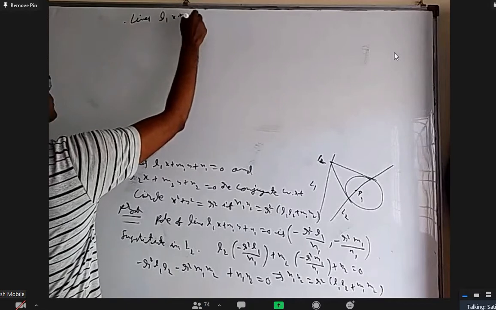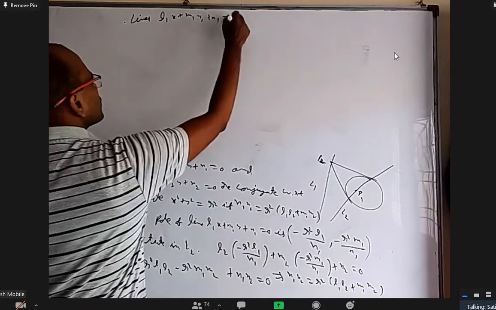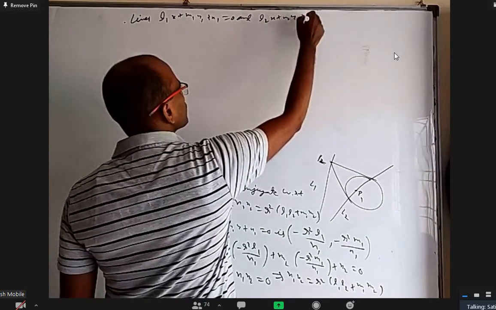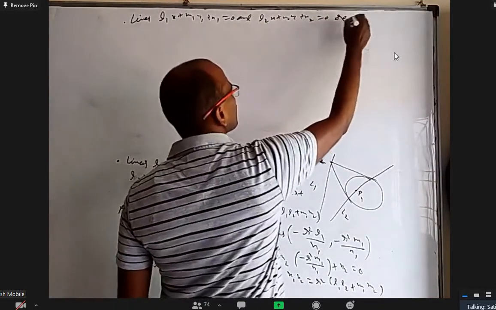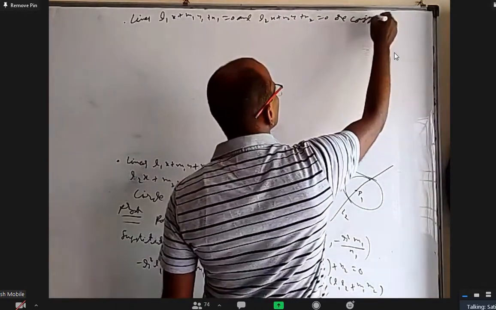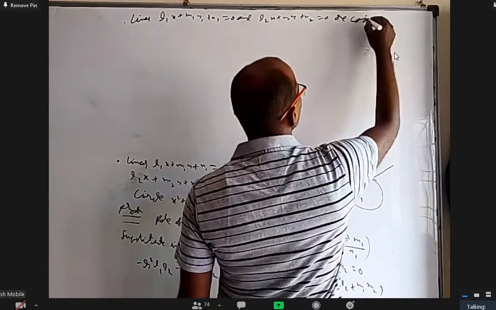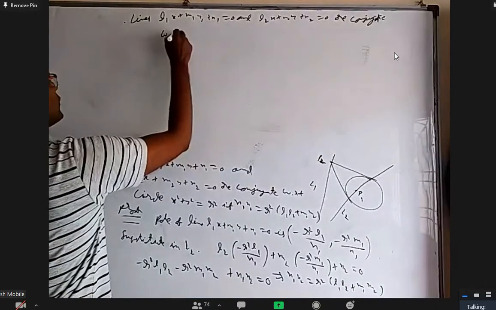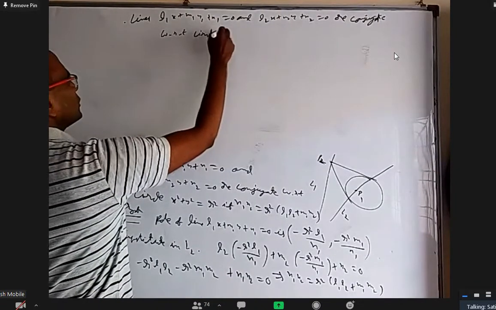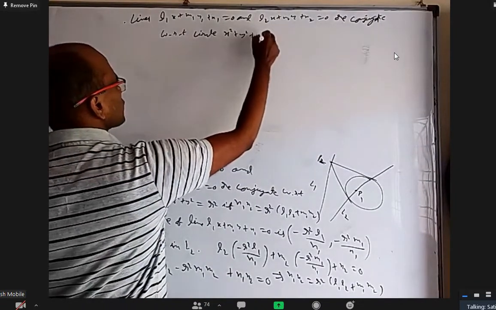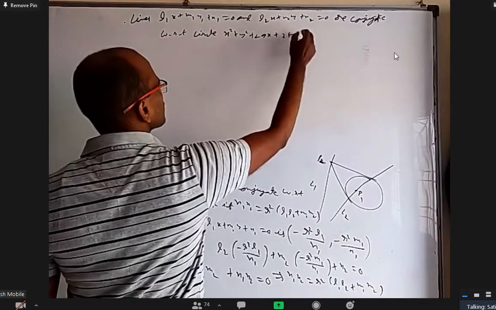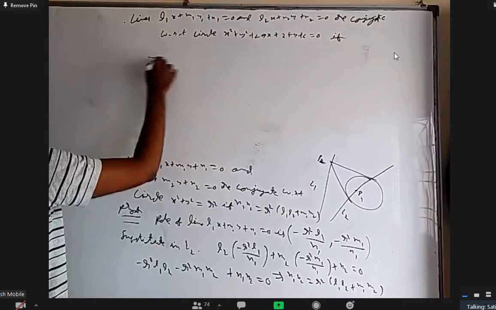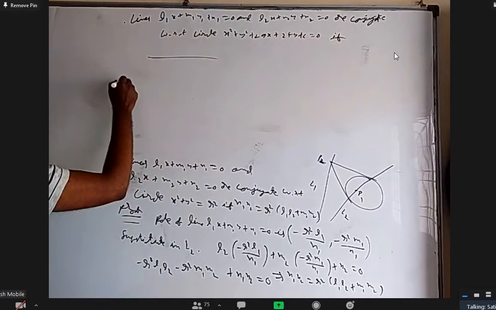Lines L1x plus M1y plus N1 equal to 0 and L2x plus M2y plus N2 equal to 0 are conjugate with respect to the circle x square plus y square plus 2gx plus 2fy plus c equal to 0. But let us see the proof.